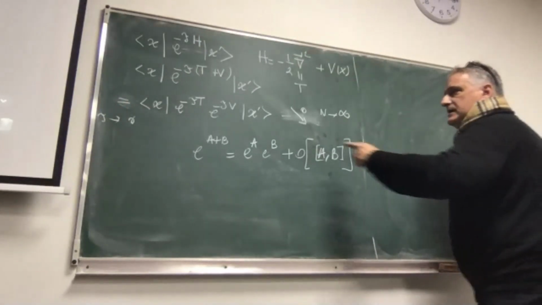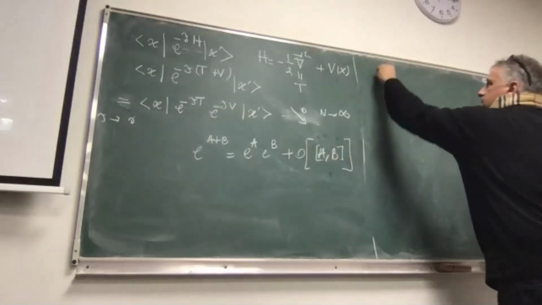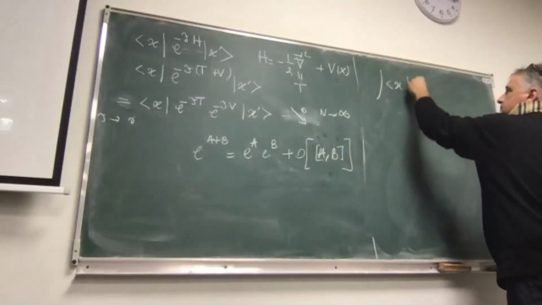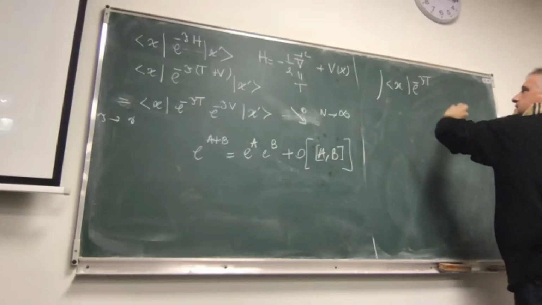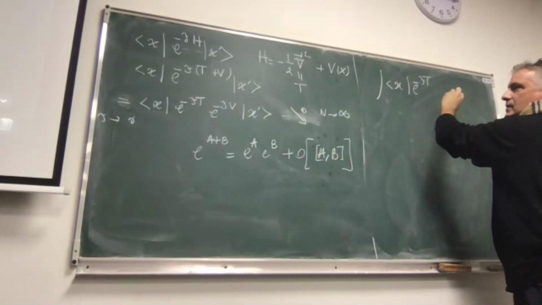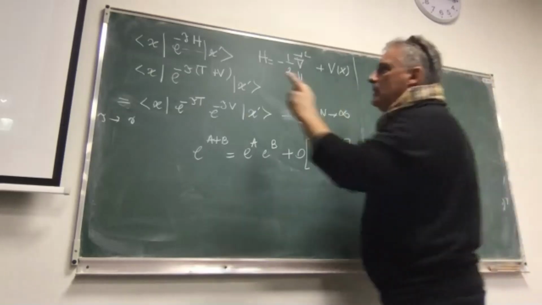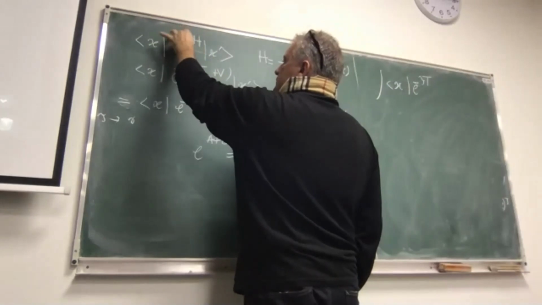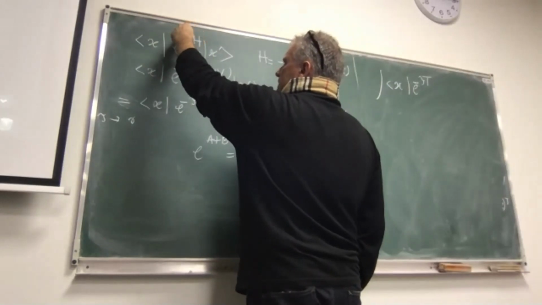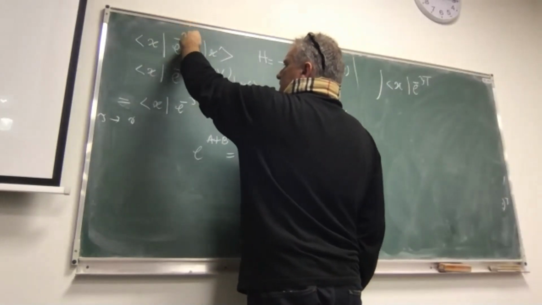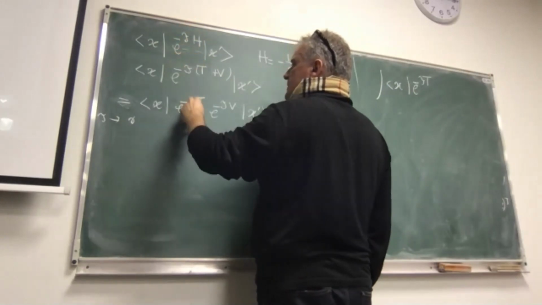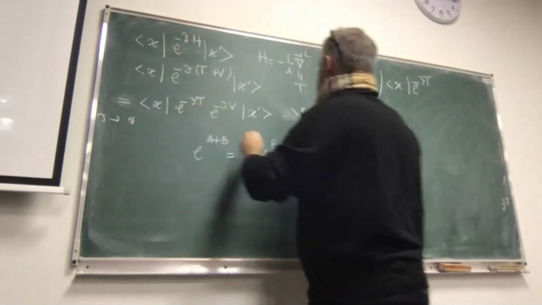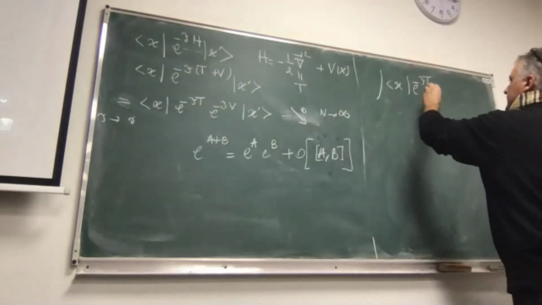And now this can be written as x exponential minus tau T. Oh, I made an error. Here it's minus tau H. H is T plus V. Yes. Okay, that's good. It's okay.